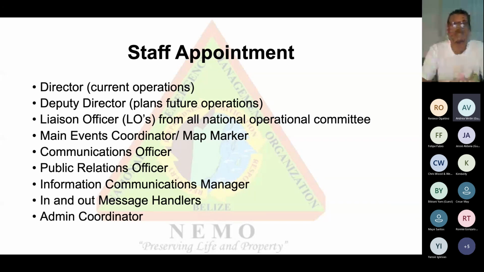Main events coordinator or map marker, somebody who is tracking the maps and helping to coordinate the main events that we are responding to, whether it be an evacuation, the opening of shelters, the transportation of goods, or responding to an incident that requires search and rescue. These are main events.